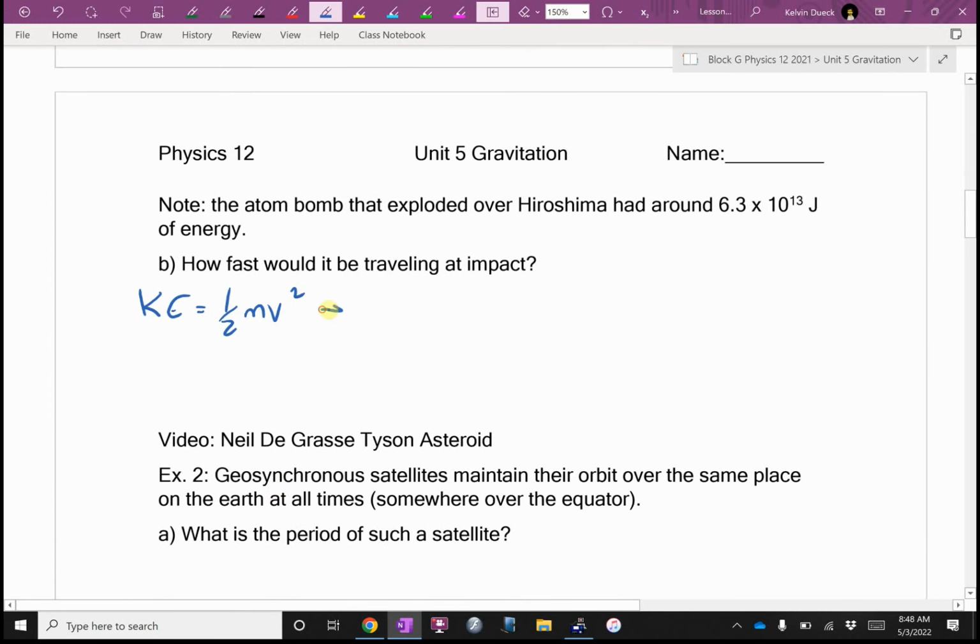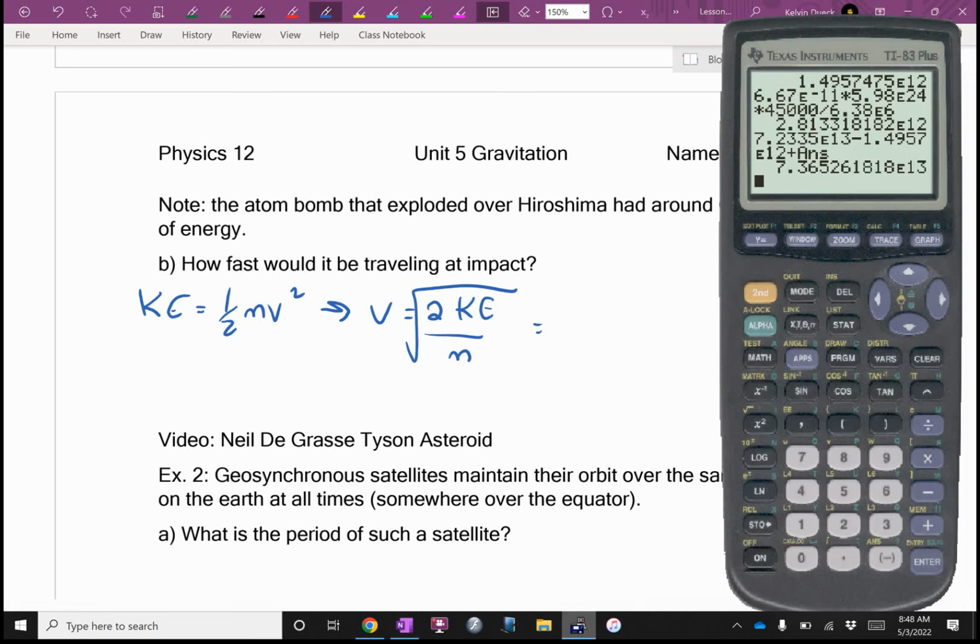But here, I guess it's going to be 2 times the kinetic energy divided by the mass, square root. 2 times answer button divided by 45,000, square root of that.